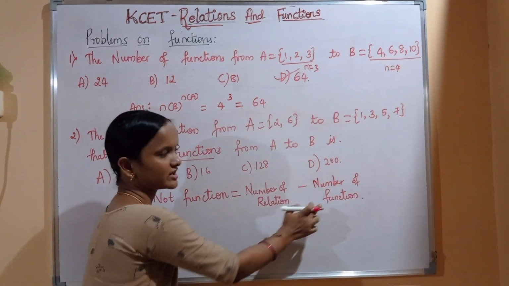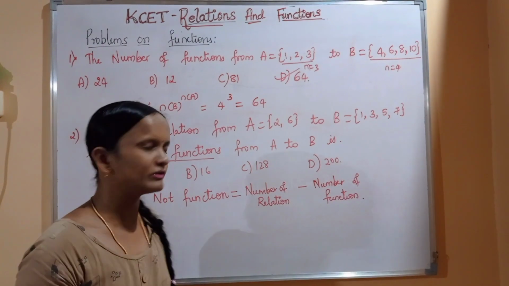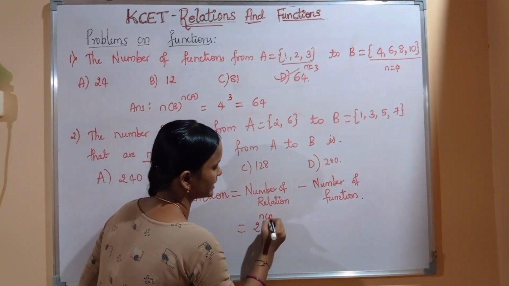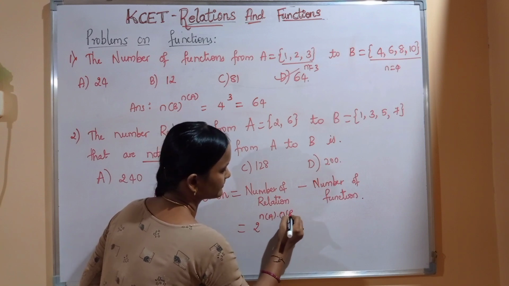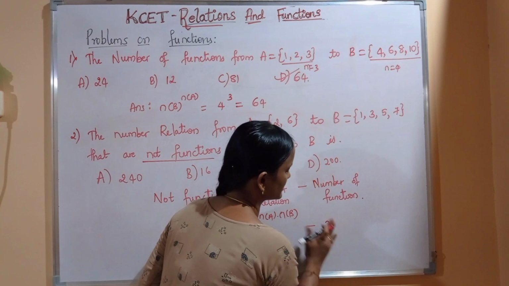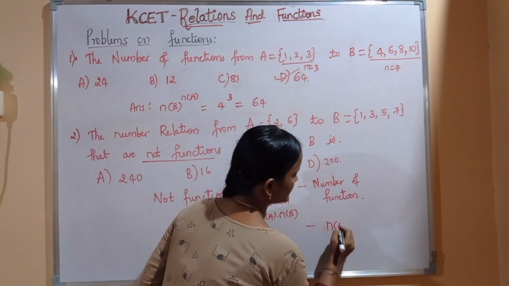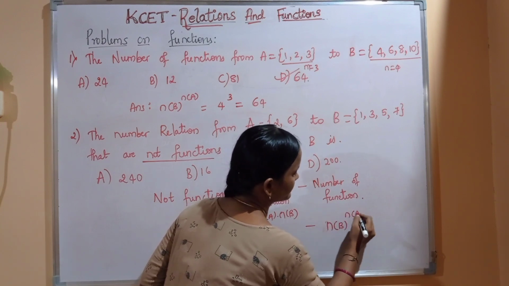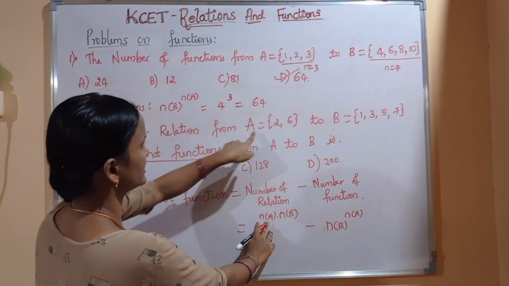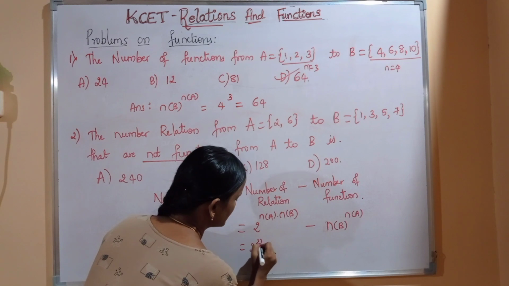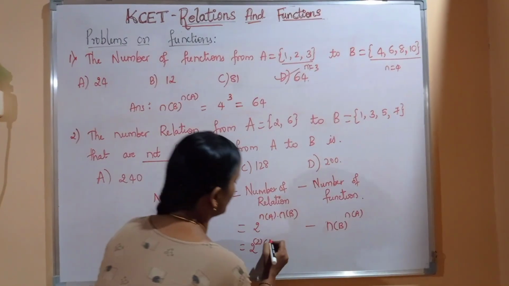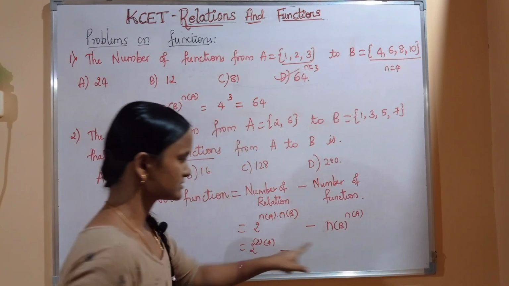For the number of relations and the number of functions, you have the formulas. For relations, 2 raised to n(A) times n(B), minus, for functions, n(B) raised to n(A). What is n(A)? How many elements are there? 2 raised to 2 into 4, minus n(B) raised to n(A).